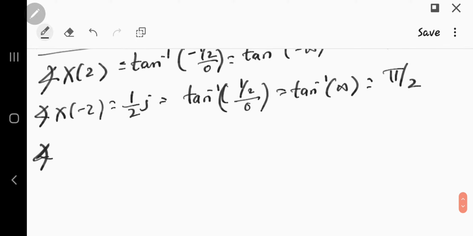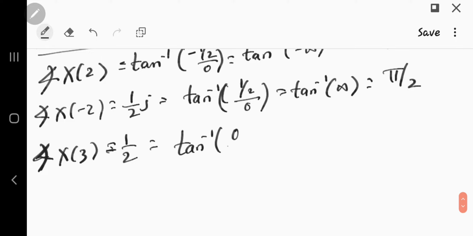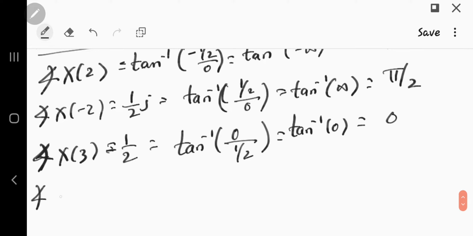Next, X of 3 is 1 by 2, the real value, so tan inverse of 0 divided by 1 by 2, that is tan inverse of 0, and the value will be 0 only.